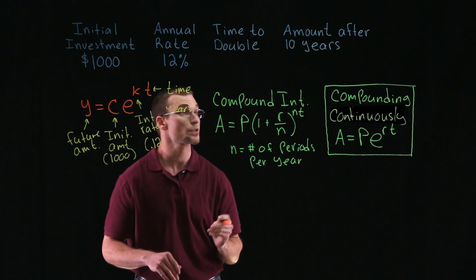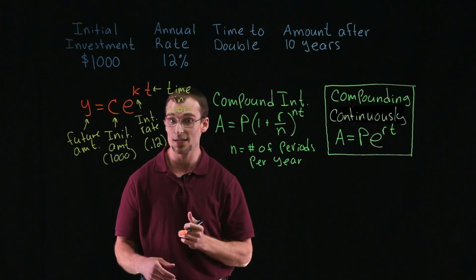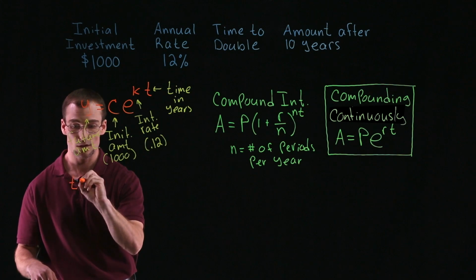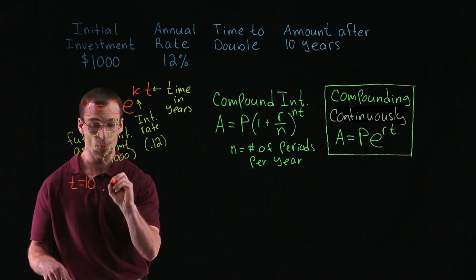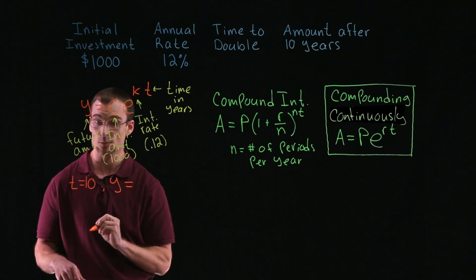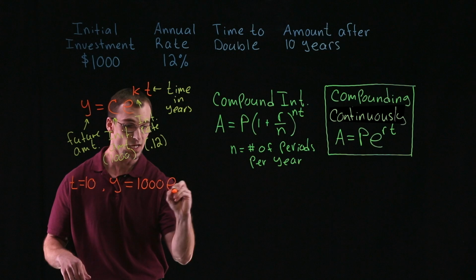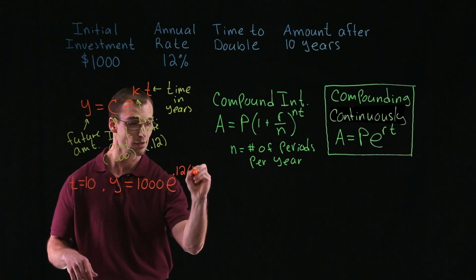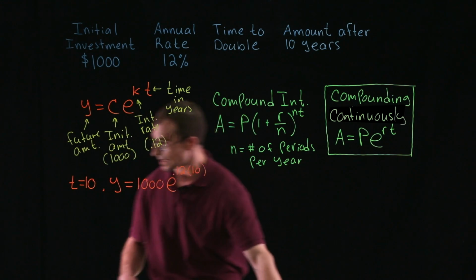So using this, we'll get started. I think it's simplest to start with the last part first, finding the amount that's going to be in the account after 10 years. That's simply taking t equal to 10: the future amount y is equal to 1,000 times e to the 0.12 times 10. All we have to do is evaluate the right-hand side.